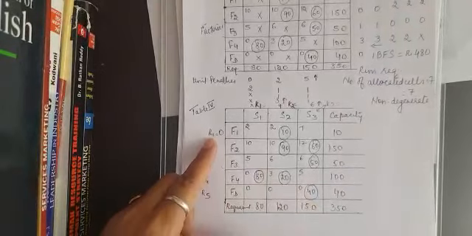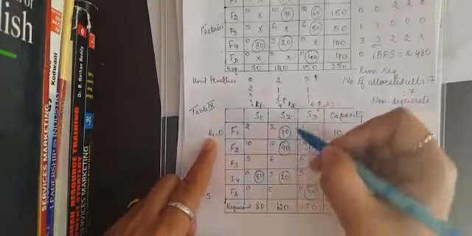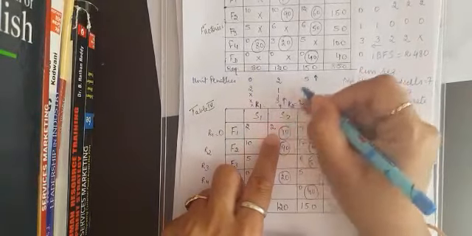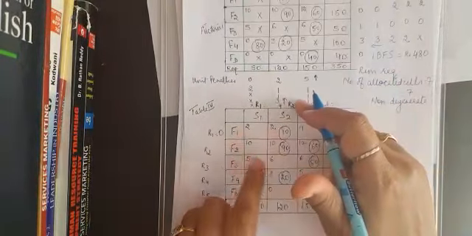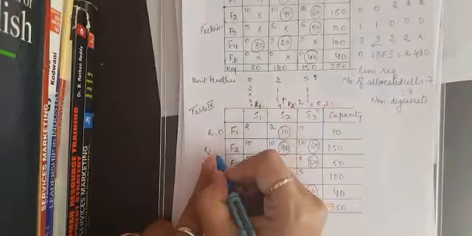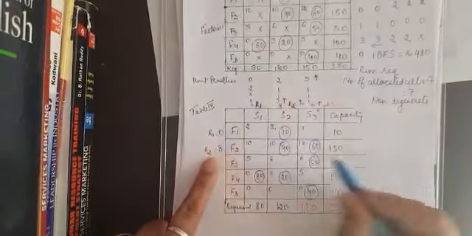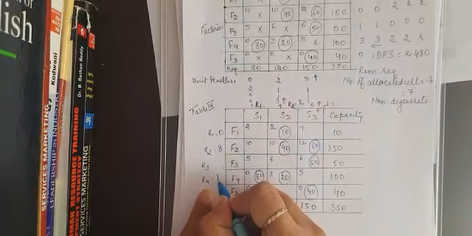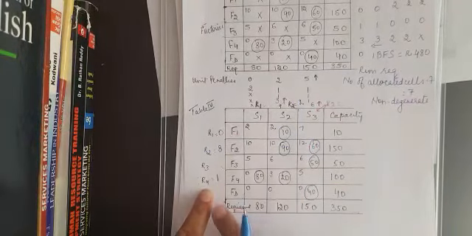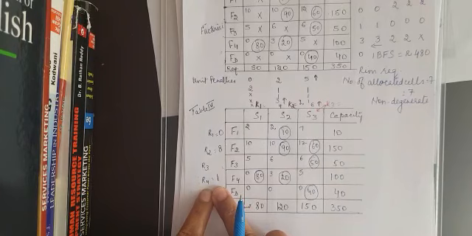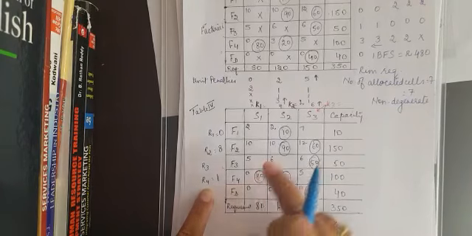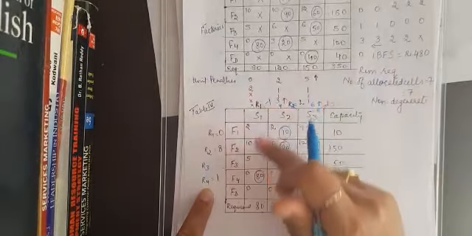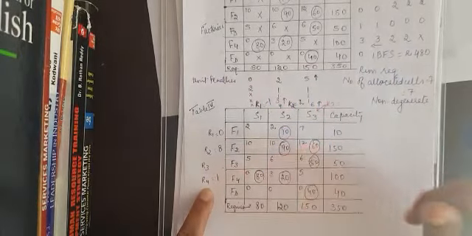So assuming R1 equal to 0, K2 would be 2. 0 plus 2 is 2. If K2 is 2, the value of R2 would be 8. If K2 is 2, the value of R4 would be 1. R4 is 1 and the value of K1 could be derived from here, that is minus 1. 1 plus minus 1 is going to be 0.